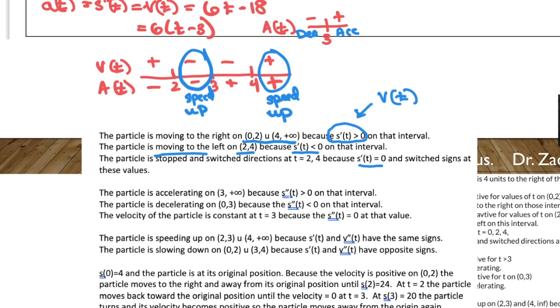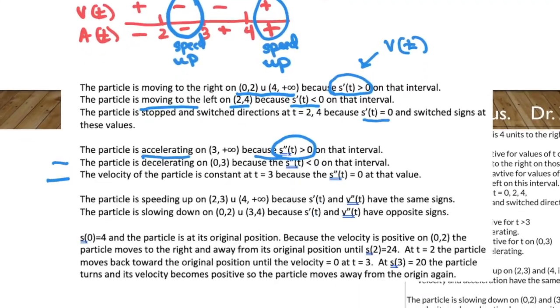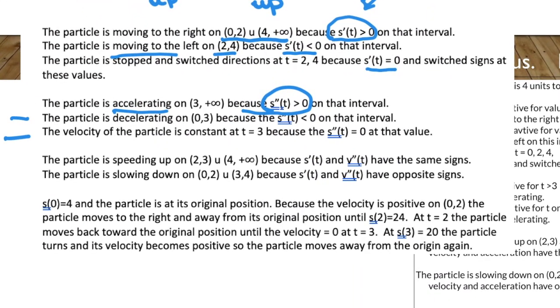For the second part of the question, acceleration, talk about where your particle is accelerating, give the because, and the interval this occurs on. Same thing with deceleration, and where the particle is constant, because that is where your second derivative equals 0. Now, speeding up and slowing down occur when your first derivative and second derivative have the same signs.